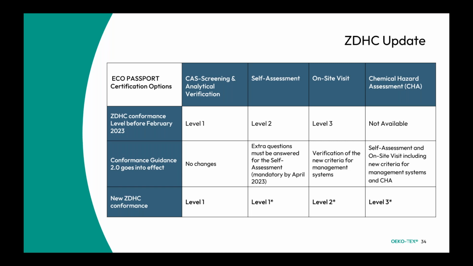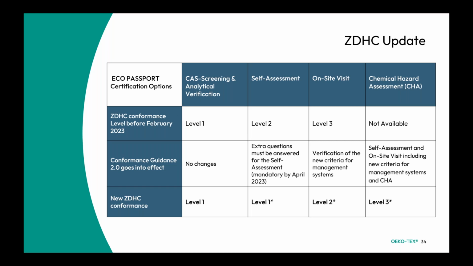As of February, every renewal or new EcoPassport certification has to be accompanied by the new self-assessment questions. The self-assessment will become mandatory anyway in 2023. And this used to lead to level 2, now it leads to level 1.